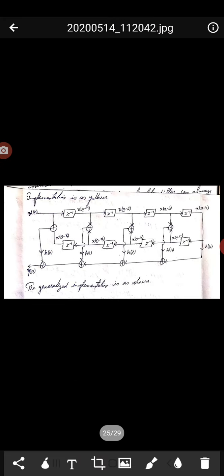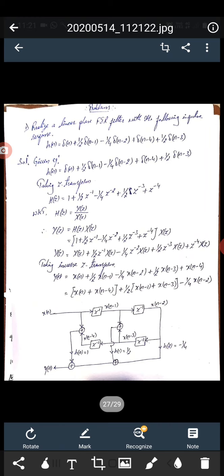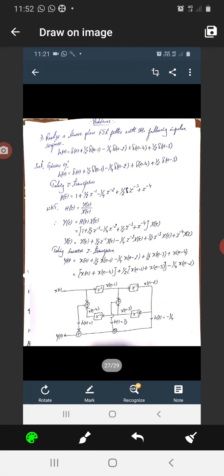Observe here, this is the full structure, but we want only the half part. For that reason, h of 0, h of 1, h of 2, and again h of n minus 4 is also 1. For that reason, the same coefficient is going to be taken. This is how you can directly represent it, or else you can also go through by using the equation.